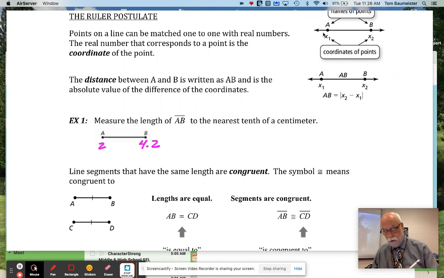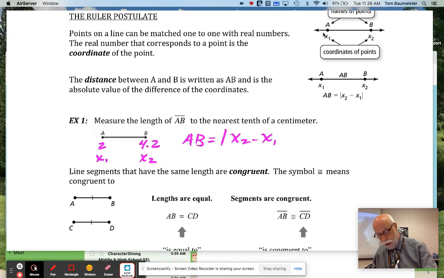So again, using our formula here, I have to call one of them x1, one of them x2. And then according to our formula, we know that AB, since I don't have anything over it, means I'm doing the distance, which means I'm going to take the absolute value of x2 minus x1.